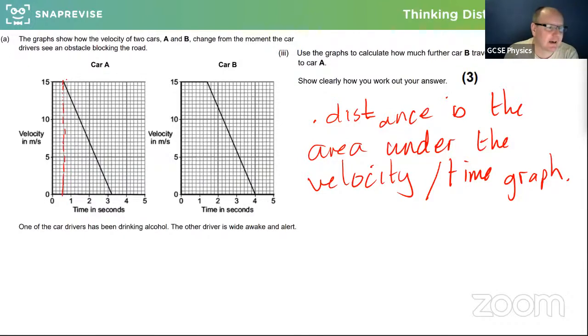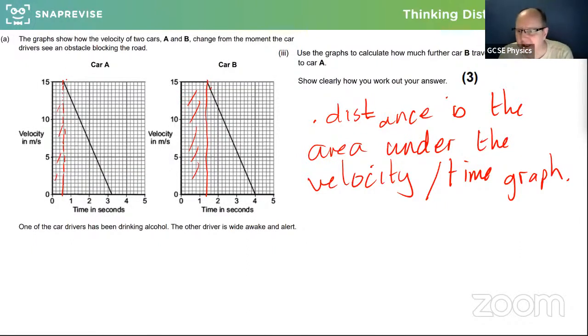So we have a rectangle there representing the thinking distance of car A. And then for car B, we have this area here representing the thinking distance of car B.